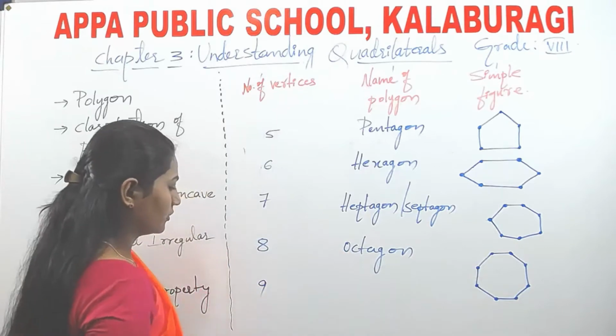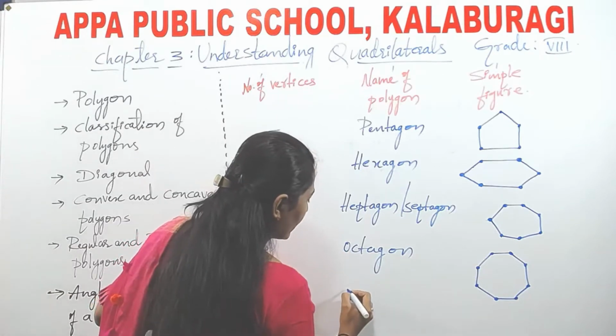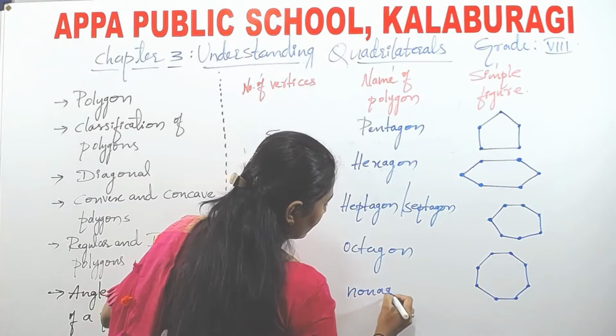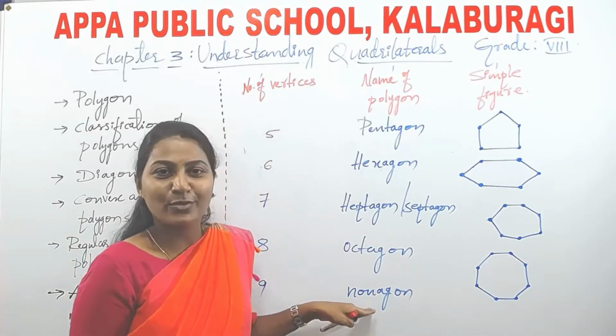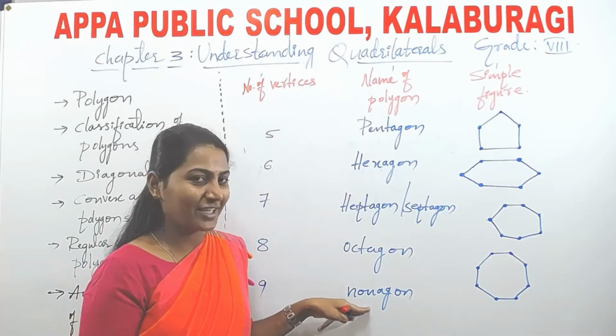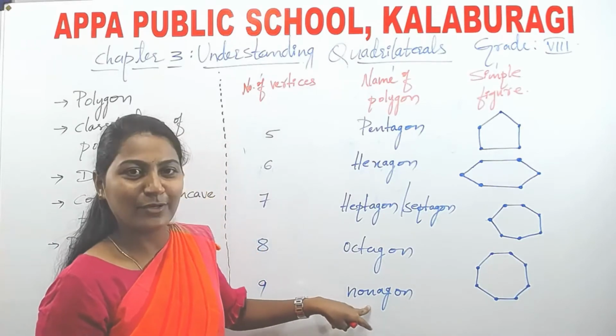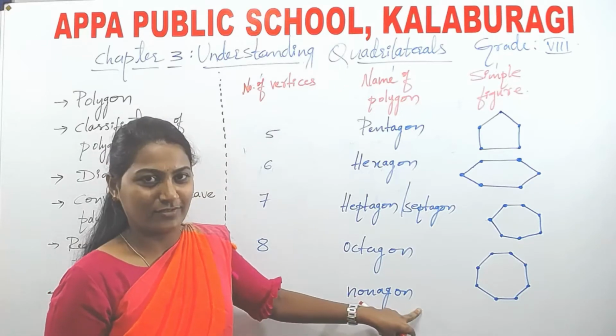Similarly, a polygon with 9 sides is a nonagon. It would be easy to pronounce it as nanogon, like the car named Nano, but it is not nanogon, it is nonagon.